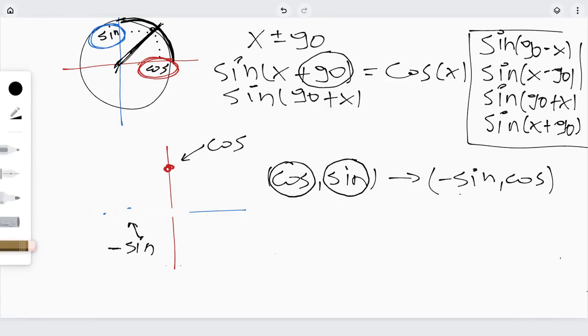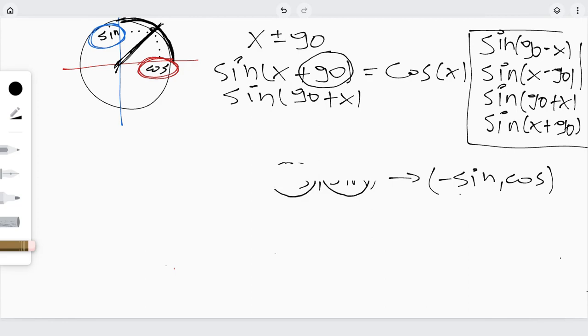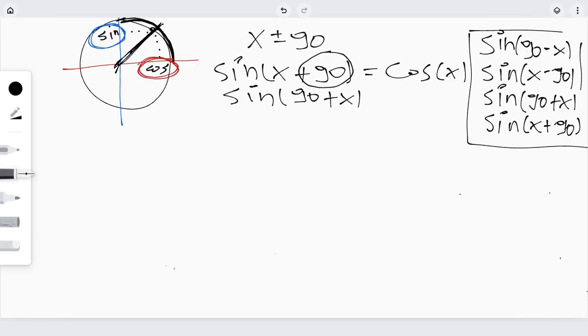So that is that. And then we just need to look at what happens to the last one, sine of x minus 90.